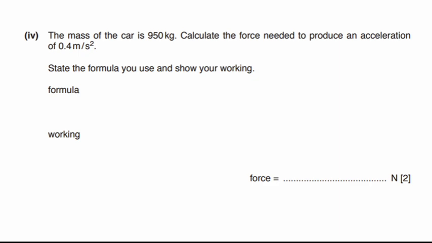Quickly scan the brain for an equation which links mass and acceleration, and hopefully we've got it, which is F equals ma. Remember, you've actually been given this all in the question, so even if you couldn't do the previous one, you can do this one, and you're going to get 380 newtons there. Now, if you notice, I've got 3 lines of text for a 2-mark answer. I would encourage any student to write down the full working in this way, regardless of whether the question asks you to, just so you can make sure you're hitting all of the marks.